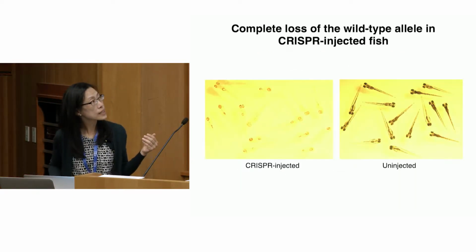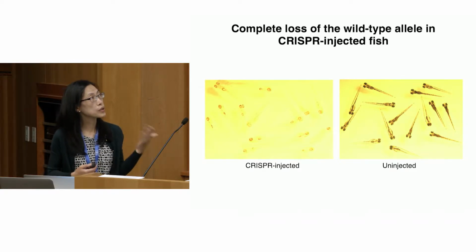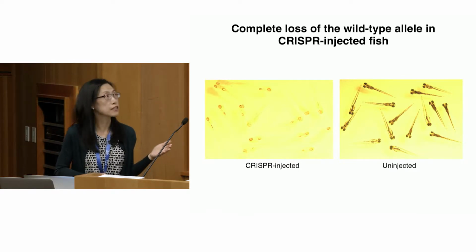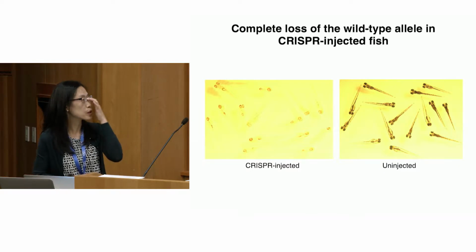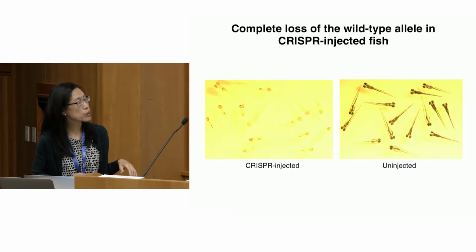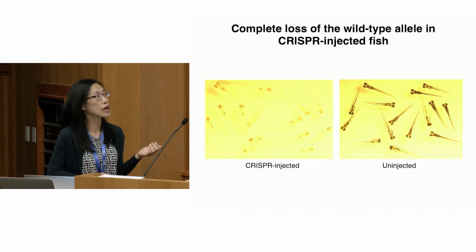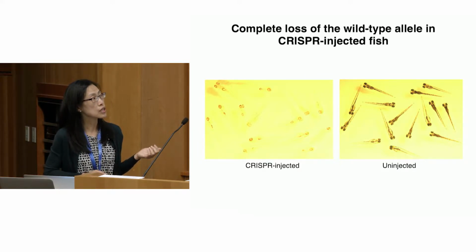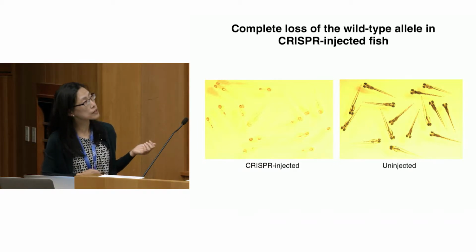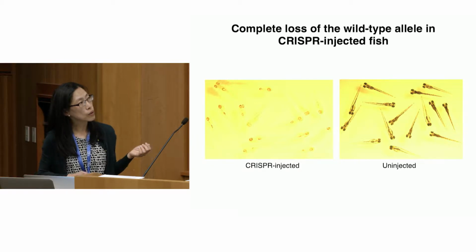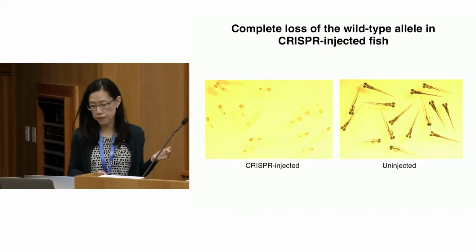And when the guide RNAs are very efficient, you can also directly see their phenotype in the injected embryos. In this case, we target tyrosinase, which is important for pigment formation. So you can see that CRISPR-injected fish have almost no visible pigments compared to the uninjected fish.